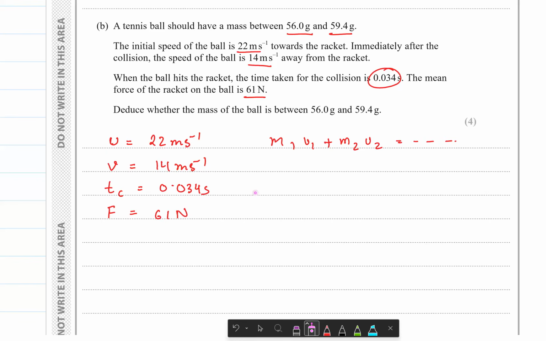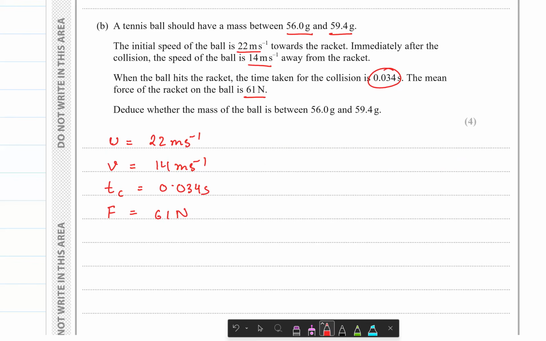The reason being, I do not know a lot of the information in this equation. I do not know the mass of the racket, the velocity of the racket, or the final velocity of the racket. So this cannot be used.